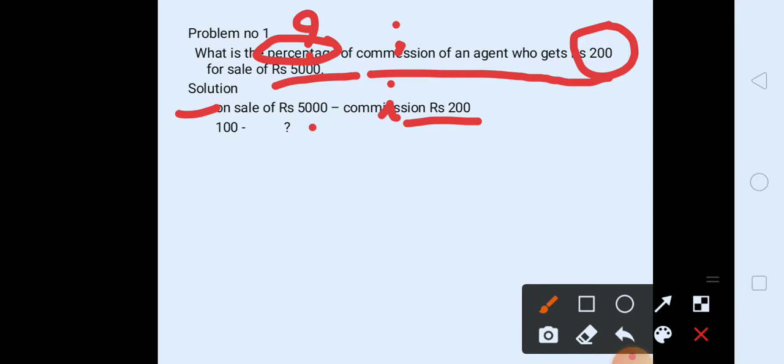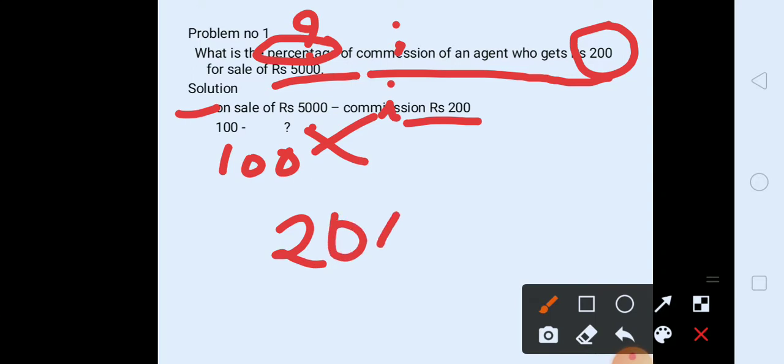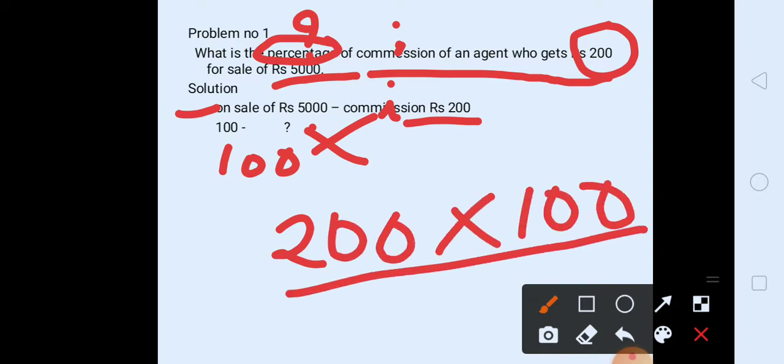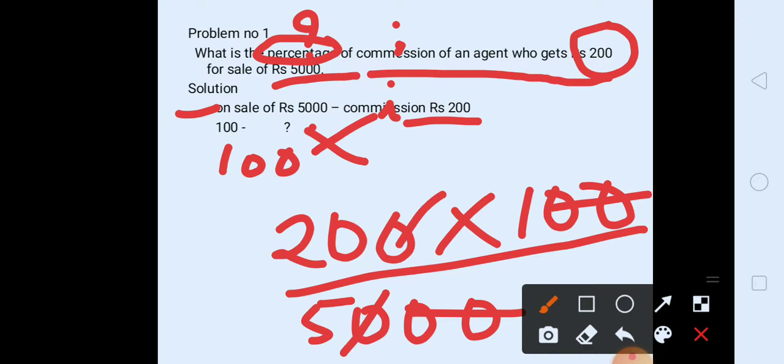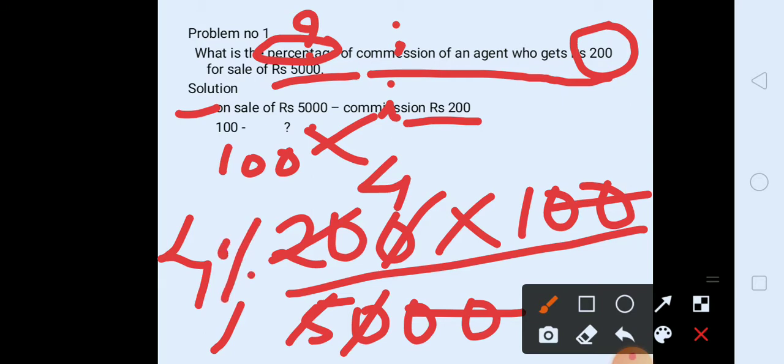So how much for 100, students? It is a cross multiplication, that is 200 into 100 divided by 5,000. 5 ones are 5, 5 fours are 20. So the percentage of commission is 4%, students.